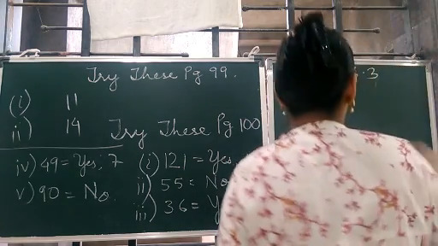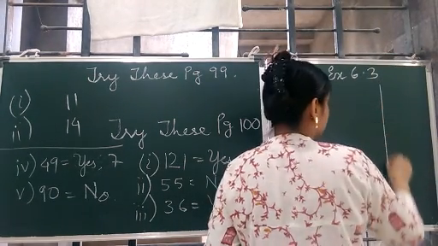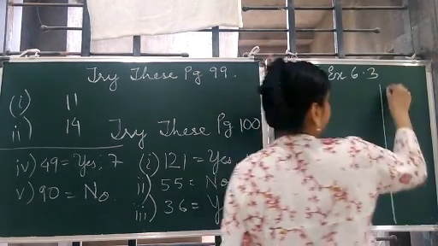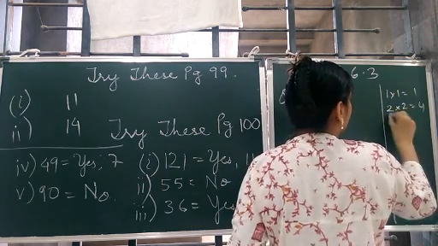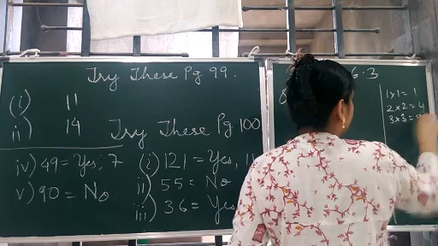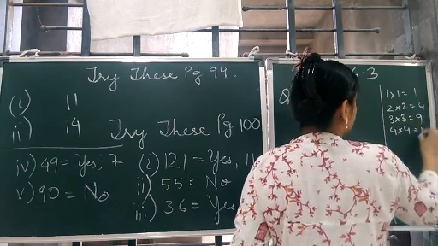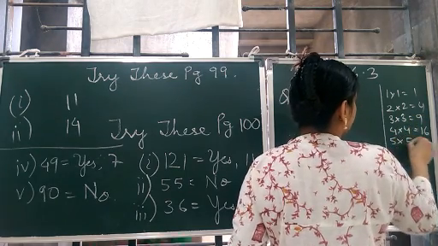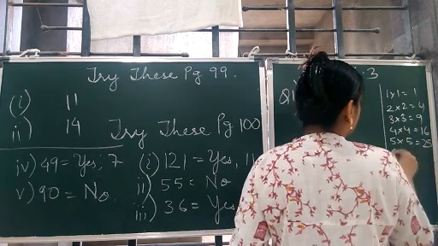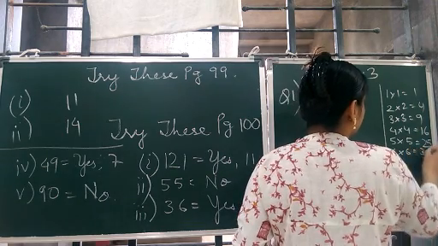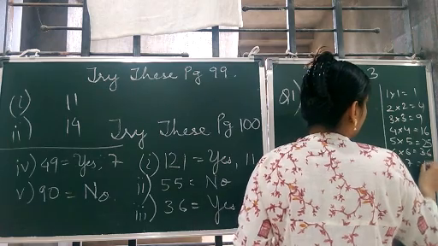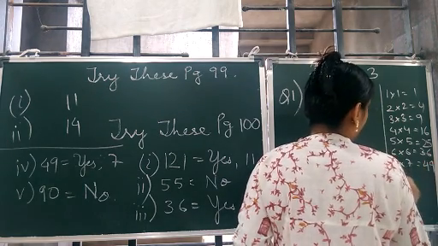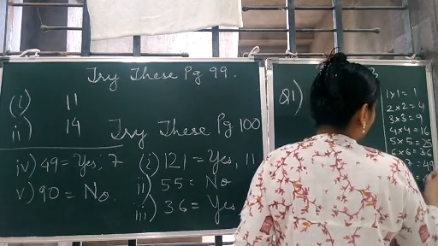So children, for that you just write this. I'll tell you what. 1 into 1 is equal to 1. 2 2s are 4. 3 3s will give you 9. 4 4s will give you 16. 5 5s will give you 25. 6 6s will give you 36. 7 7s will give you 49. 8 8s will give you 64.